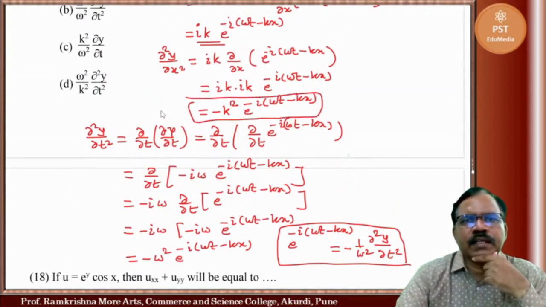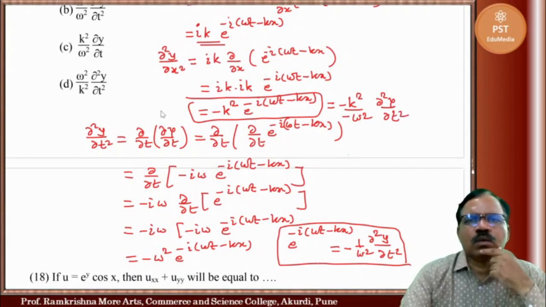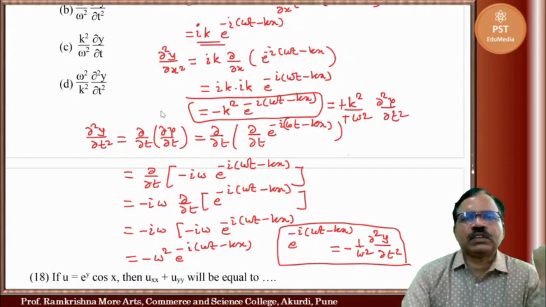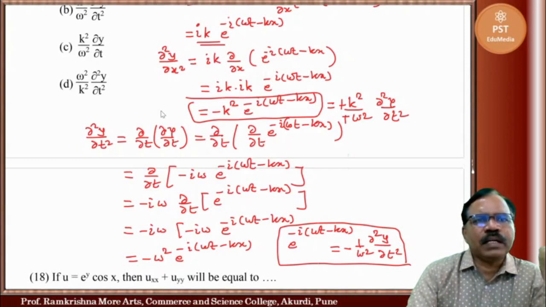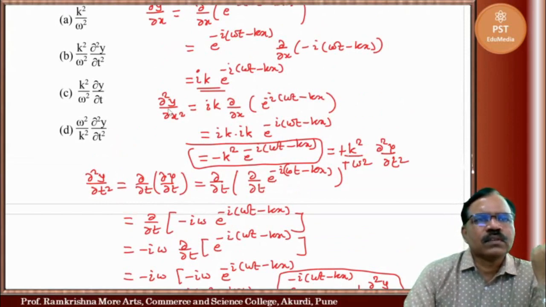So we get here this is equal to minus k square into minus 1 upon ω square ∂²y/∂t². So this becomes plus, so k square upon ω square. This second one is correct.